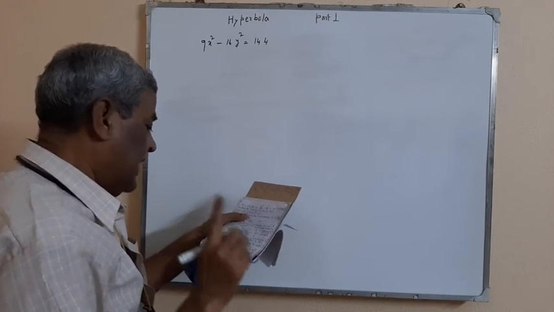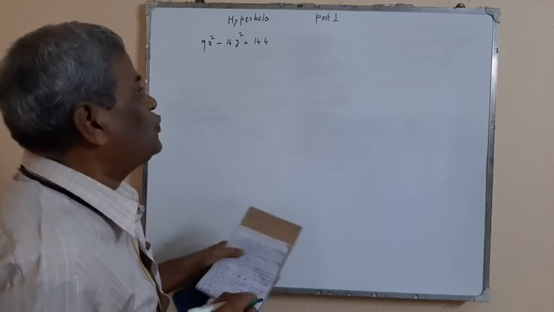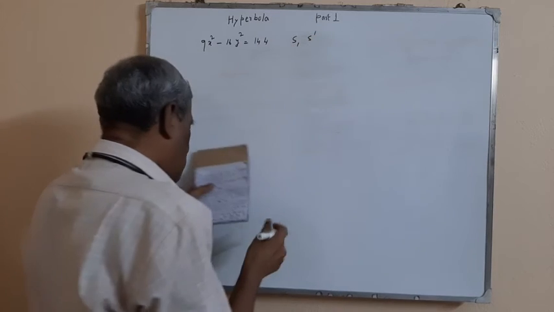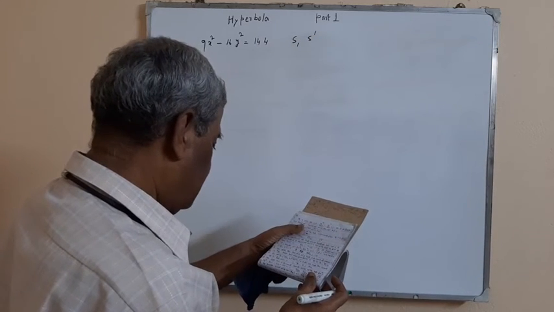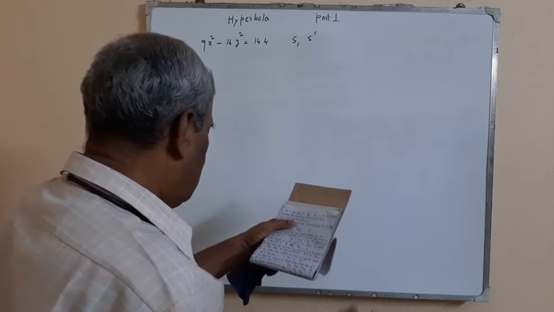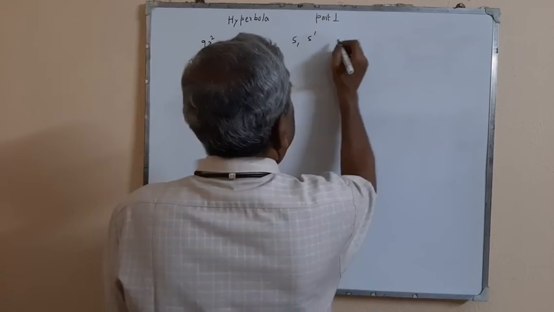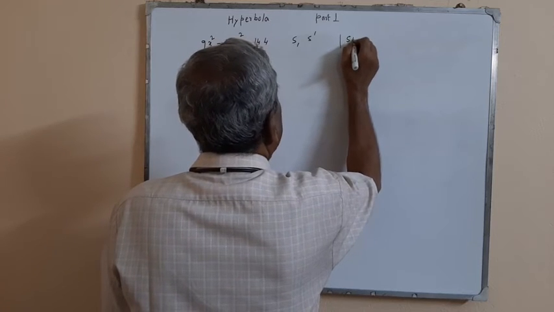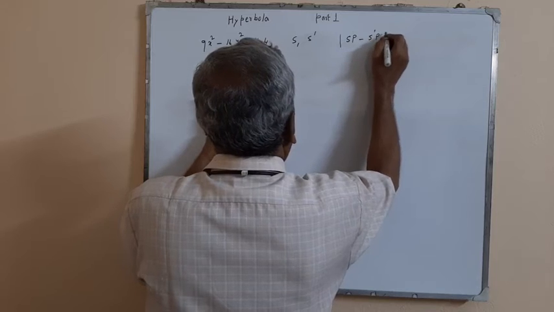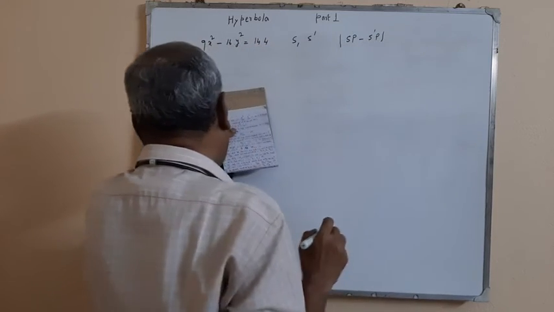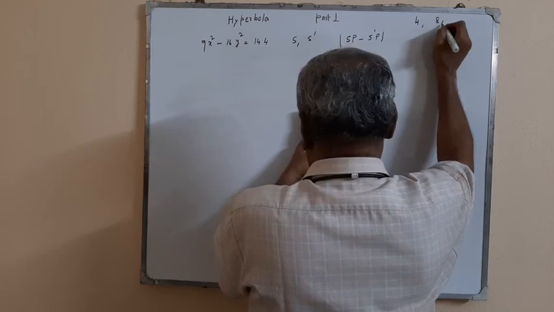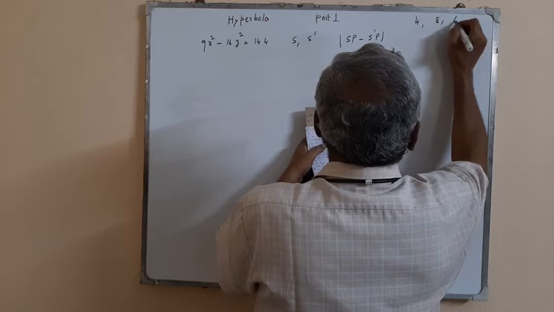S and S dash are its two foci. Then the value of mod SP minus S dash P is how much? Options 4, 8, 6 and 10.